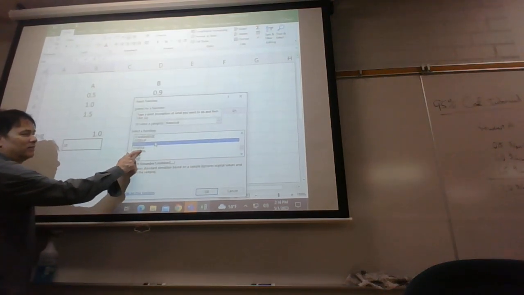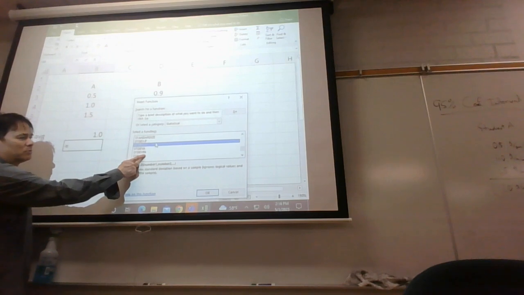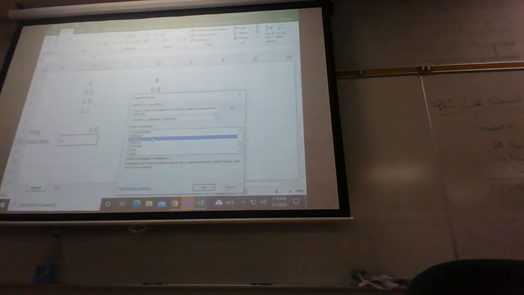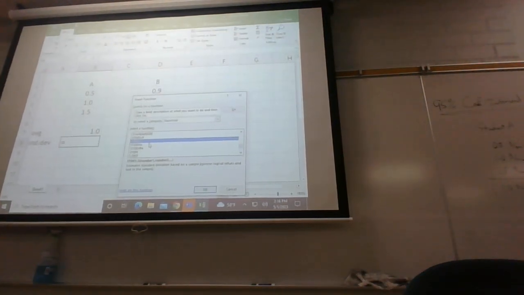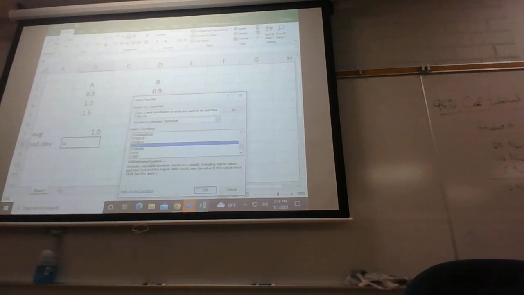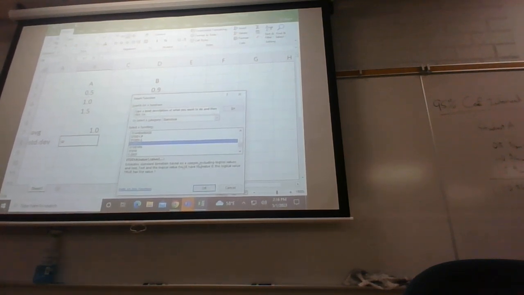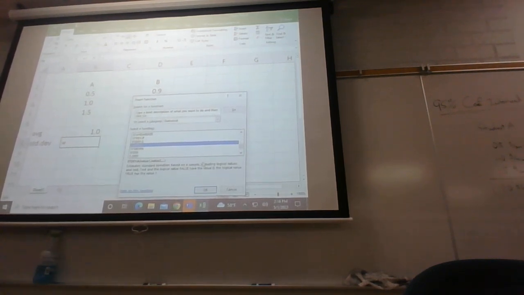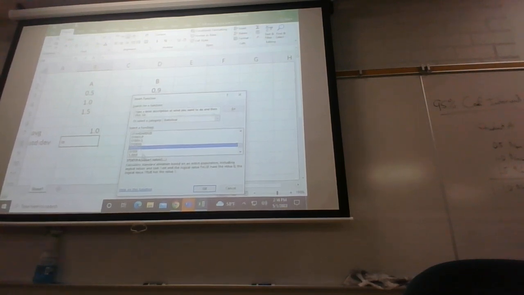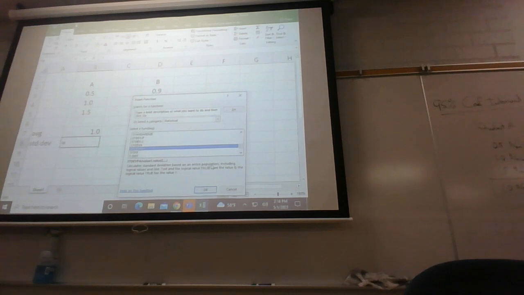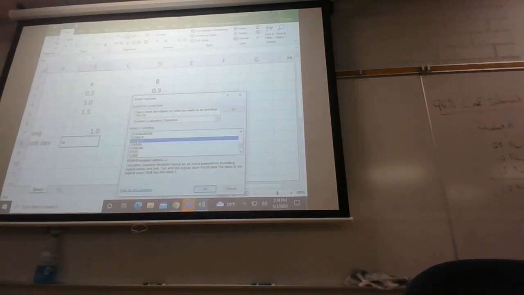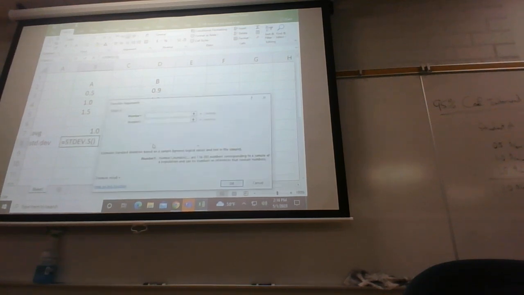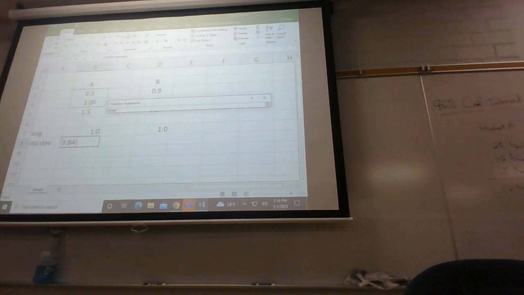We have standard deviation A, standard deviation PA. Let's see what those are. Standard deviation A estimates standard deviation based on a sample, including logical. We're not having any logical values. Standard deviation PA, entire population, including logical and text. No. So we're going to use standard deviation S. So I'm going to click OK. We're going to get the standard deviation of our 3 data points here.